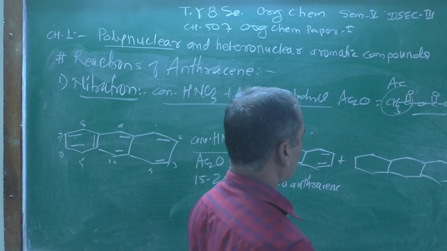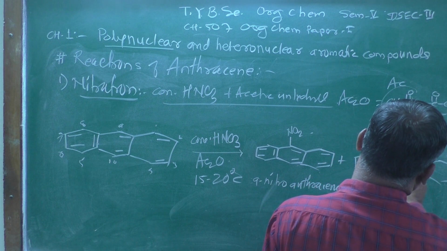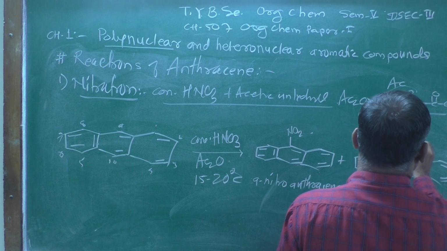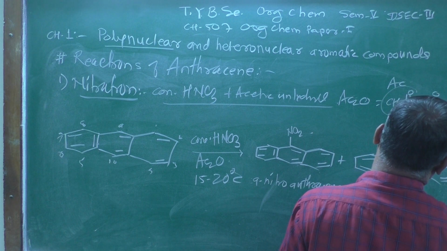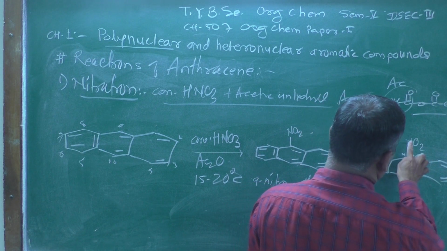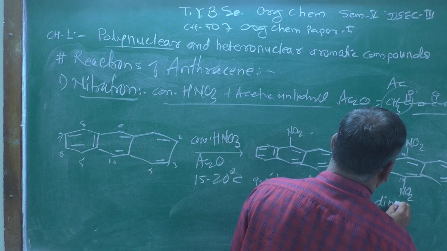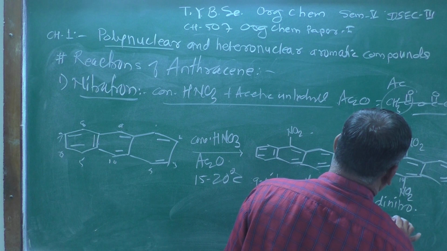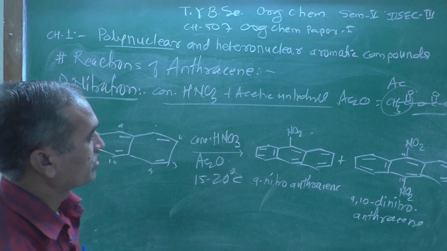In the second structure, we can get a nitro group at the 9 position as well as a nitro group at the 10 position. Two nitro groups are there, therefore we can call it 9,10-dinitroanthracene. That is the product we are getting here.